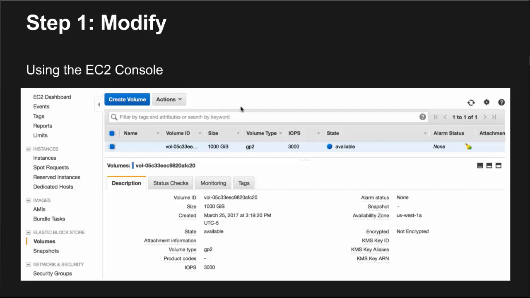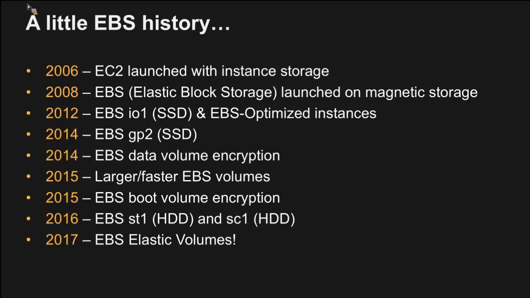EBS has a long history of providing block storage to EC2 instances. After launching magnetic volumes back in 2008, we learned a lot, and we learned that we needed to provide consistent performance. So in 2012, we launched EBS provisioned IOPS. We also call them io1 volumes, and I'll be referring to them as io1 volumes during today's session.